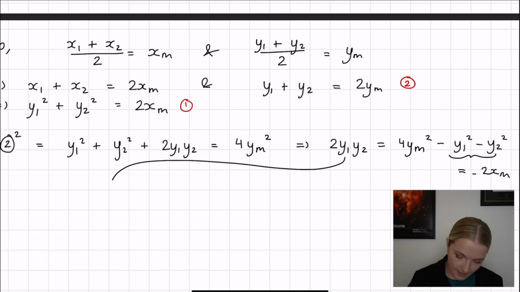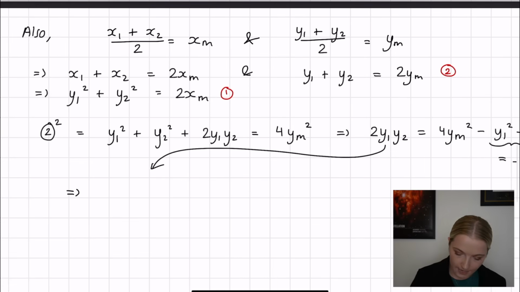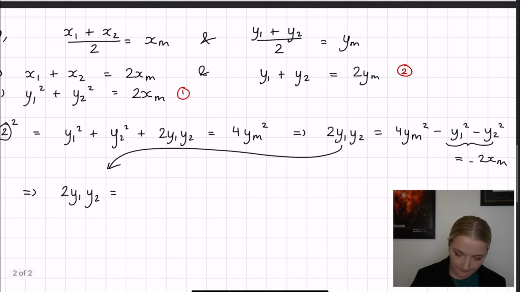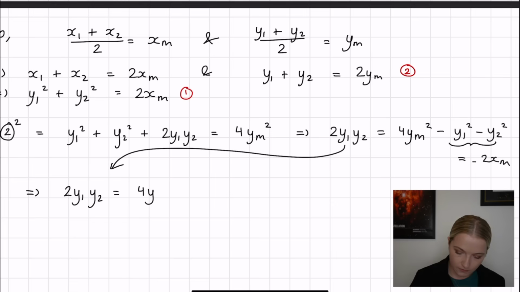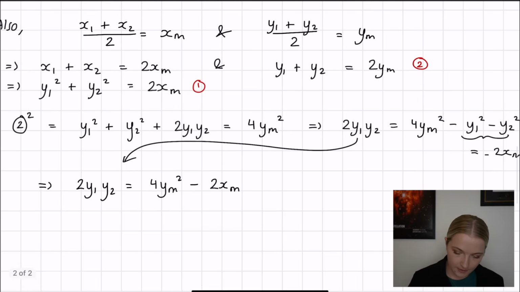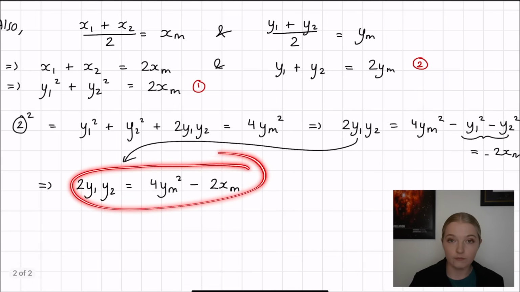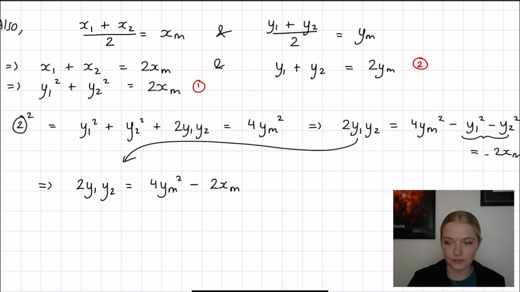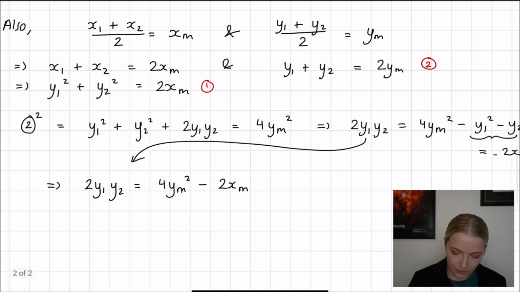So from this, we know that 2y1 y2 is 4 multiplied by ym squared minus 2xm. And this is going to be a really important piece of information that we're going to use, and I'll show you why now. So I'm going to call that equation number 3 because that's equally as important.